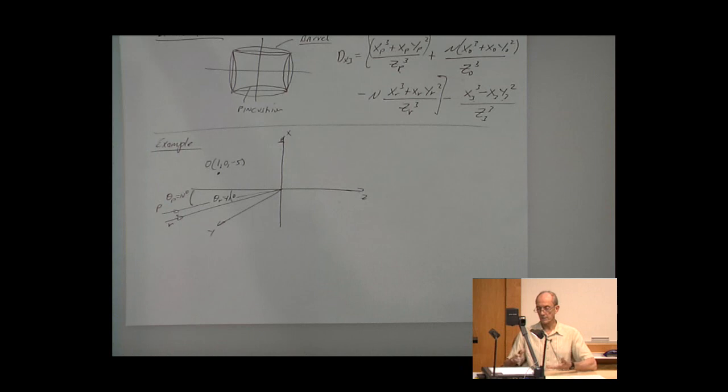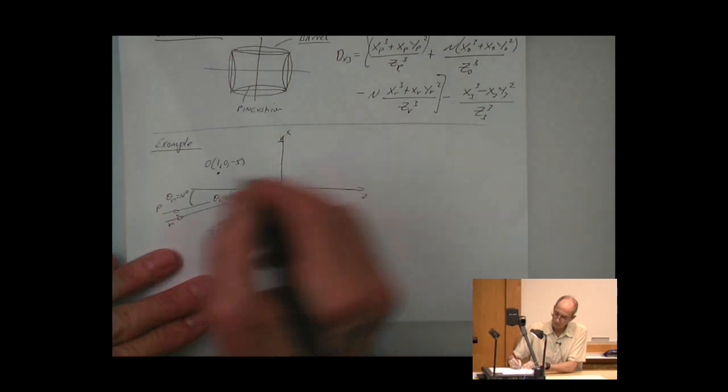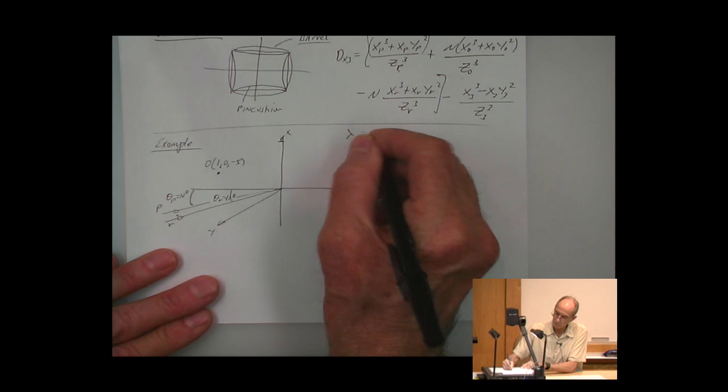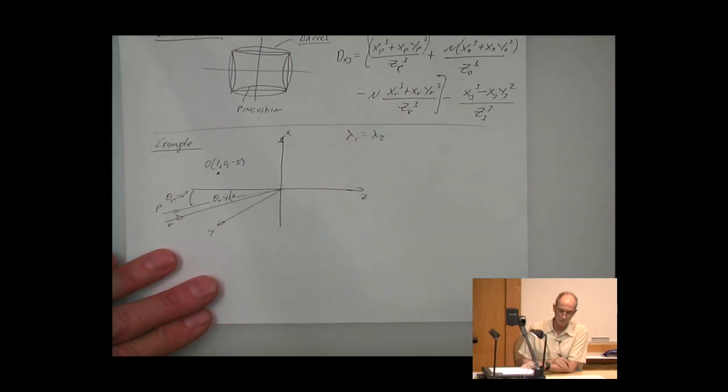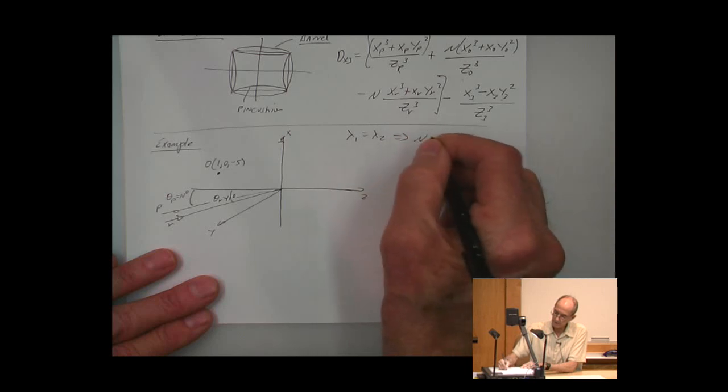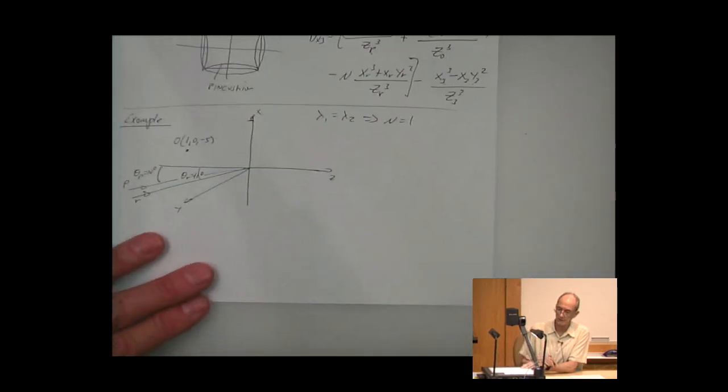Okay, so before we just calculated where the paraxial image points were for that particular reconstruction condition, but now we can calculate what the aberration coefficients are going to be for that system. So we have these points and we have these at infinity. We also said that lambda 1 was equal to lambda 2, so that sets mu, the ratio lambda 2 to lambda 1, equal to 1.